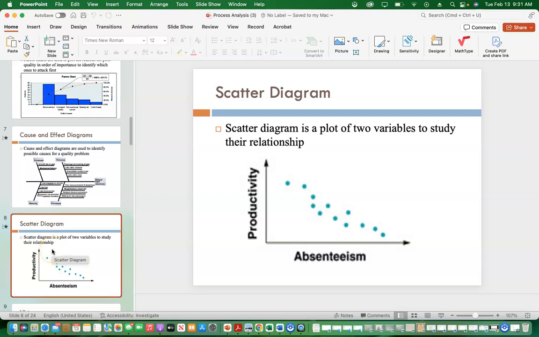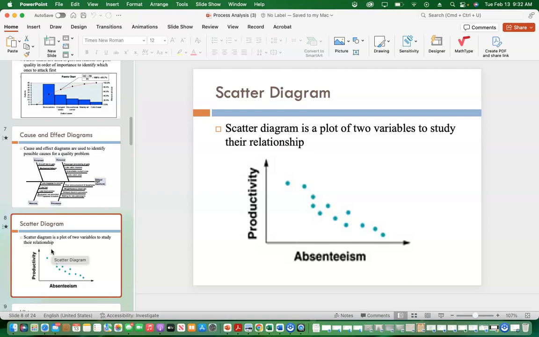So after testing causes of the problem and finding some that are significant and probably some that are not significant, we will move on with causes that significantly affect the problem and leave those that are not significant.